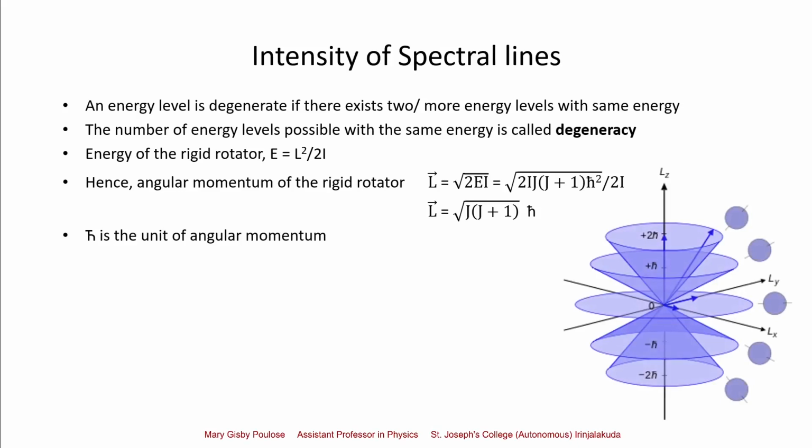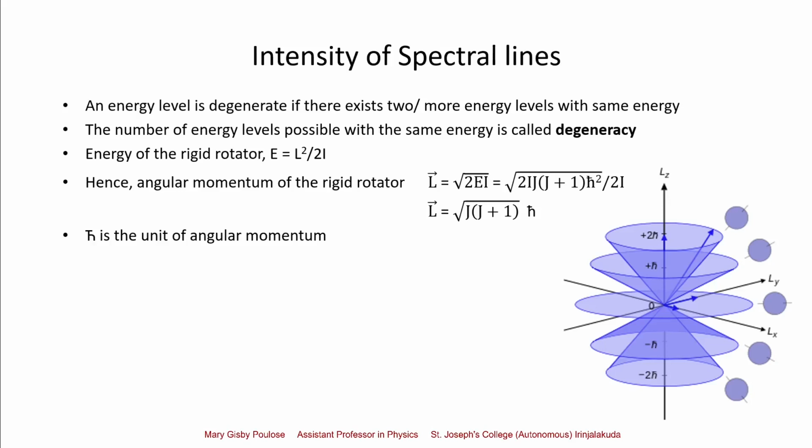This picture shows the ways in which this molecule can rotate. If the angular momentum has value 0, it will rotate in the Lx/Ly plane in a perfect circle, as if it is moving on a disk.